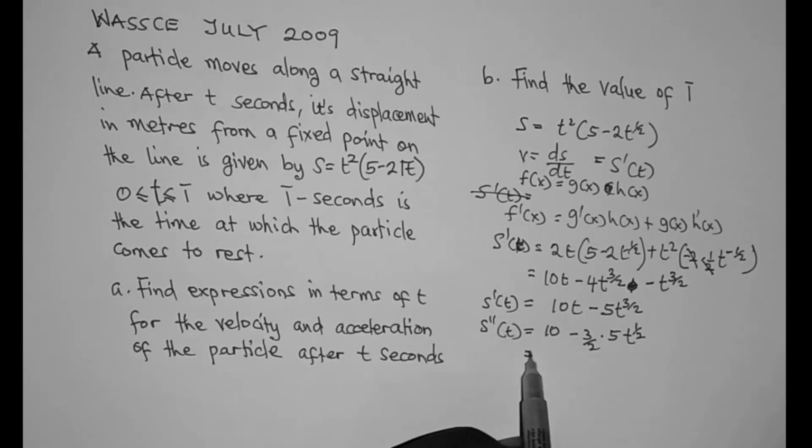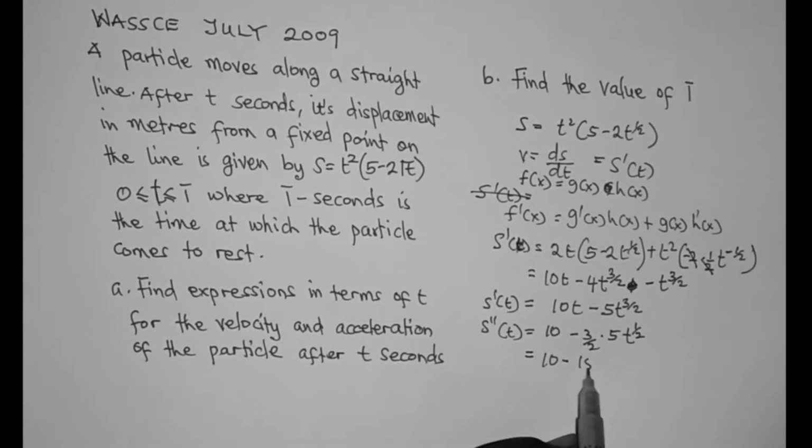So this is equal to 10 minus 15 over 2 t exponent 1 over 2.